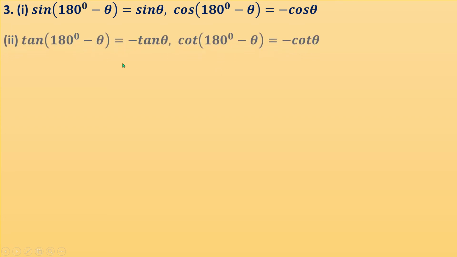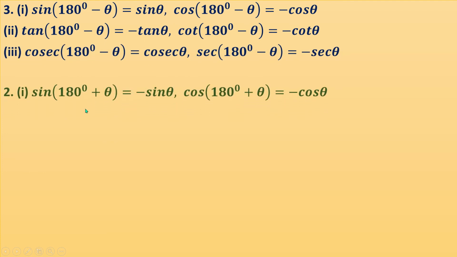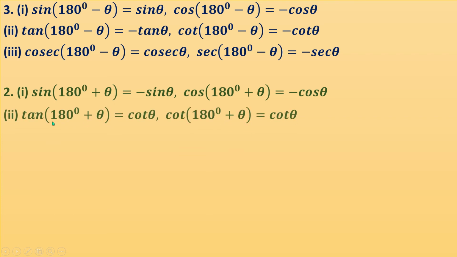And like this way you can write this. When here will be 180 degree plus something, that will be third quadrant, and in the third quadrant sine is negative, cos also negative, and tan and cot are positive. Okay, so tan will be positive, cot will be positive.